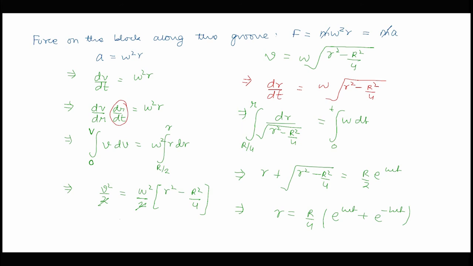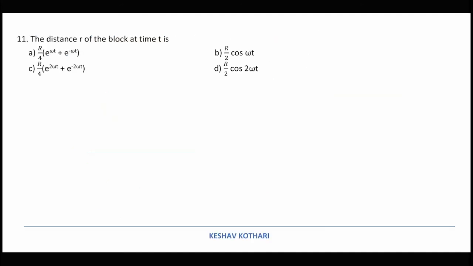So we obtain this as the first answer for our problem where the position vector is asked. So if we look at the problem over here, we have r by 4 times e to the power omega t plus e to the power minus omega t. So the first option is absolutely correct.